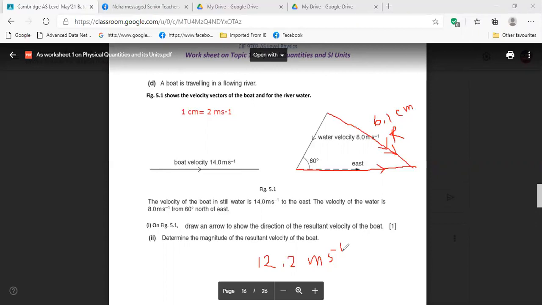The range is given as 12 to 12.4. So your value is in range, but the exact answer is 12.2. For a scale diagram, the range is given as 12 to 12.4. So plus 1 centimeter or minus 1 centimeter? Yes, we are accepting that one.